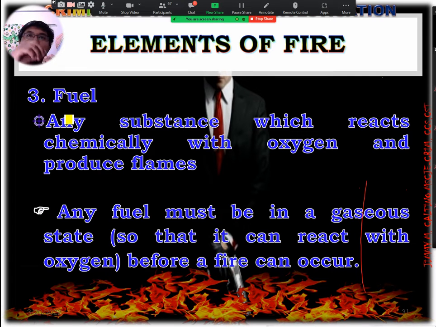Yung thread sa gitna, hindi talaga dugtong yung apoy. May space doon. That's the space wherein pyrolysis is ongoing. Meaning to say, when you speak of pyrolysis, dito na nagiging gas yung solid, o dito na nagiging gas ang liquid, if that is liquid. Okay. Move on.